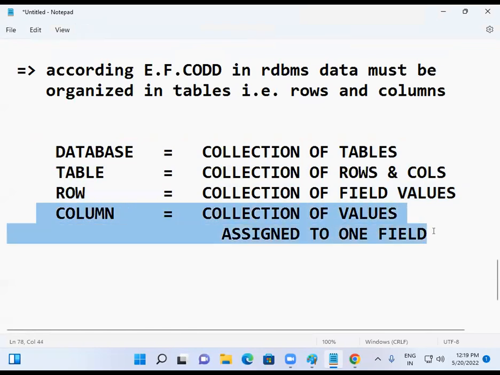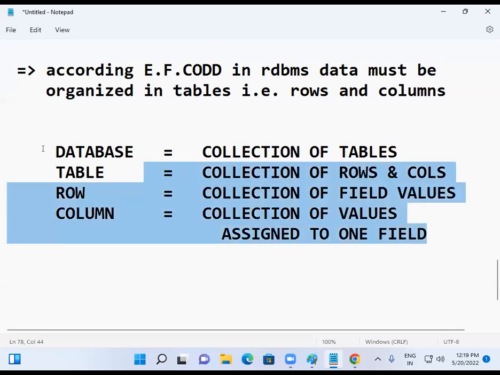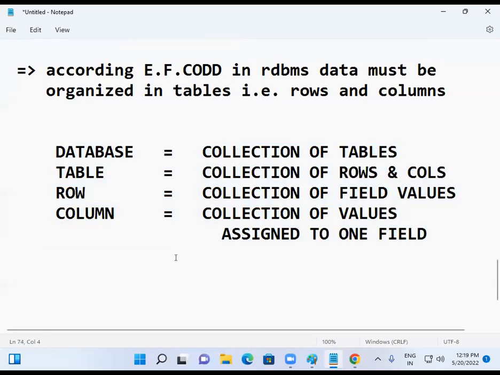A column contains values assigned to one field. Take the address column: it contains values assigned to the address field. The second column contains values assigned to the name field. So a column is a collection of values assigned to one particular field. This is the definition of a database according to Codd.